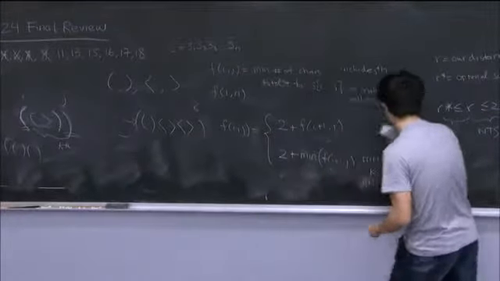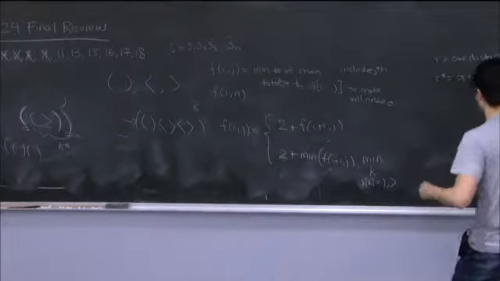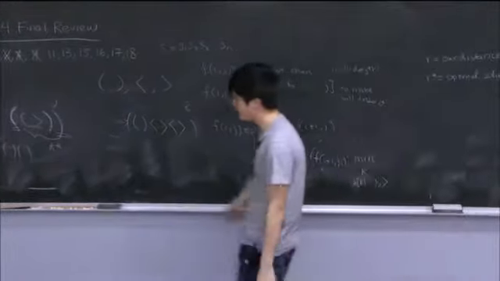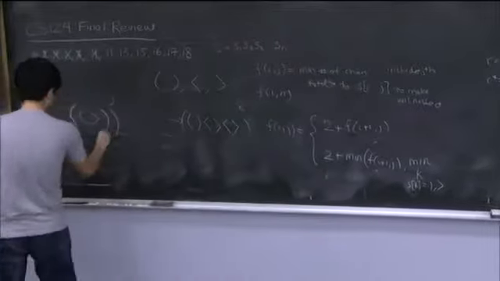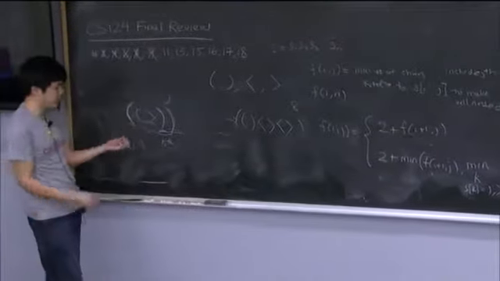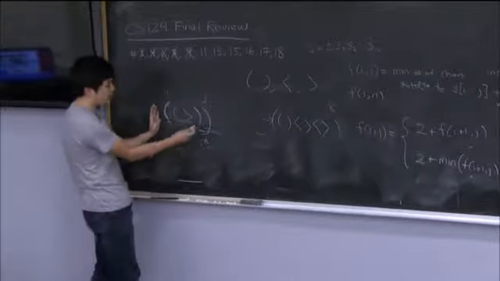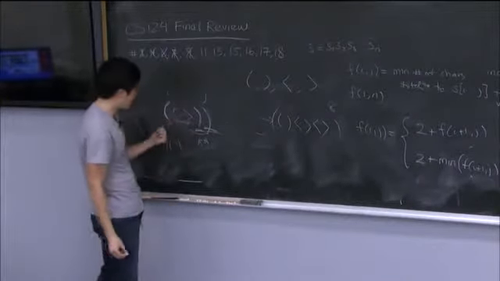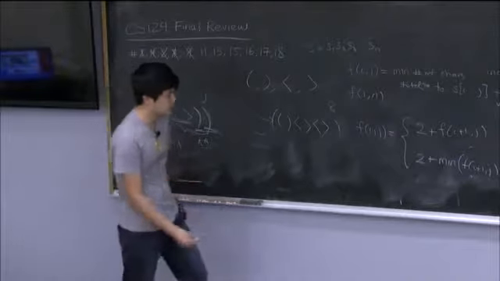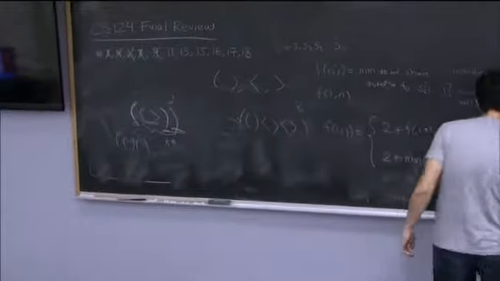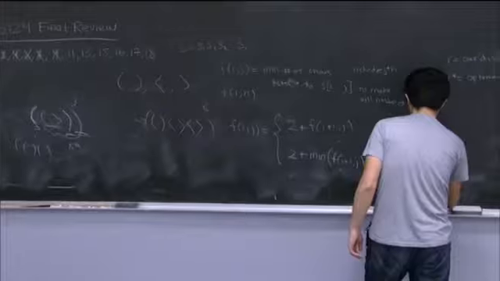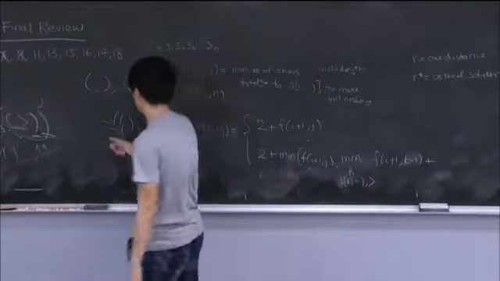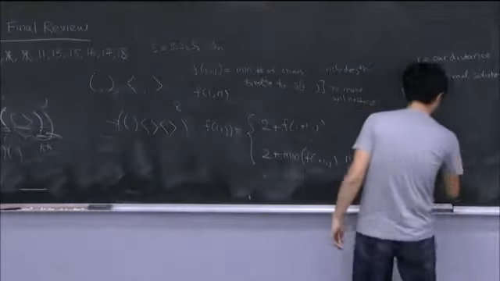I'm going to erase these cases because it's getting in the way. So minimum of what? If I pick this to be the corresponding closing of this ith character, then I'm going to look at the inside and what's remaining. So it's f of i plus 1, k minus 1, plus f of k plus 1, j.